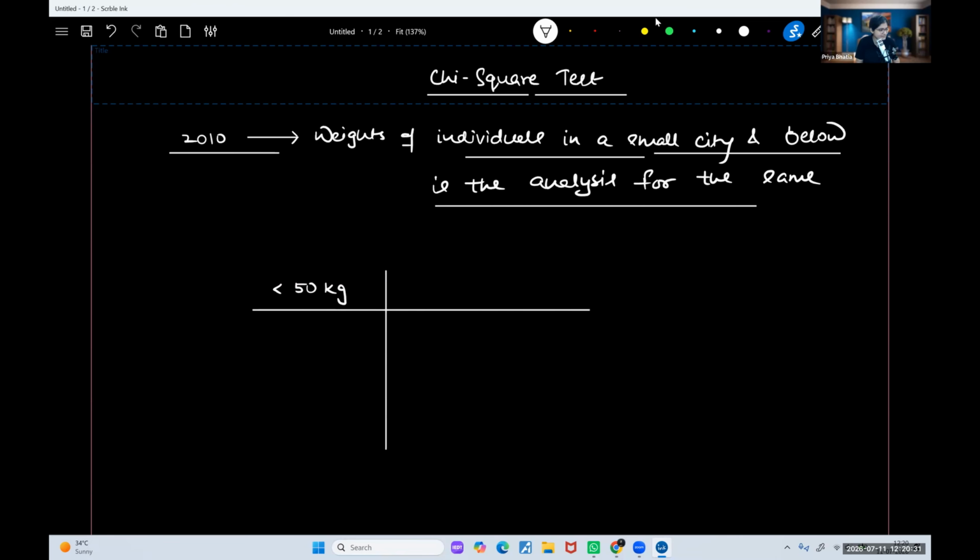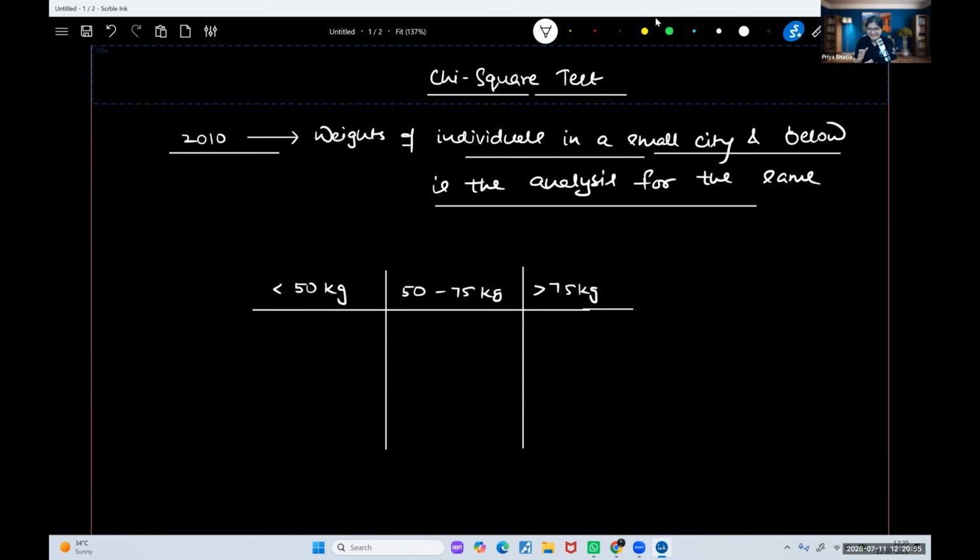The second category is for the people who are having a weight between 50 to 75 kg. And the third category will be the people who are having a weight more than 75 kg. ठीक है, तो उन्होंने 3 कैटेगरीज में लोगों को डिवाइड किया वेट्स के बेसिस पे, और ये उनकी कैटेगरीज थी. सो कैटेगरिकल पार्ट आ गया.